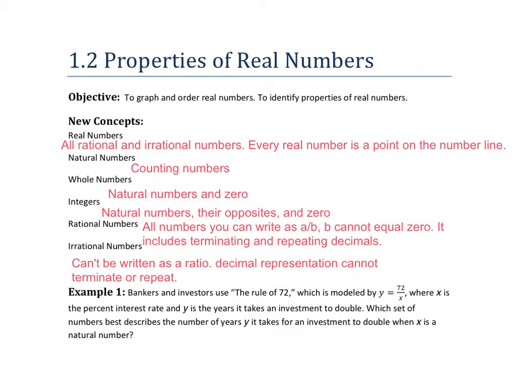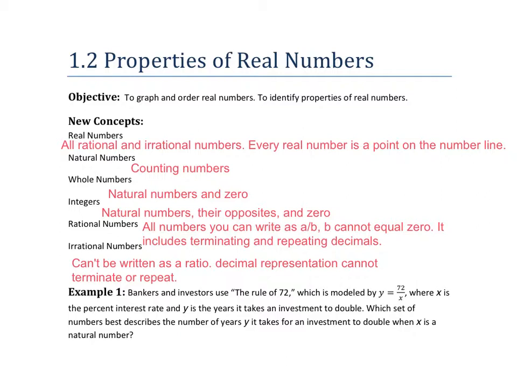We include terminating and repeating decimals. Terminating decimals have a definite end as far as that quotient of A over B goes, and repeating decimals have a definite pattern in the repeat of certain integers in the decimal part.